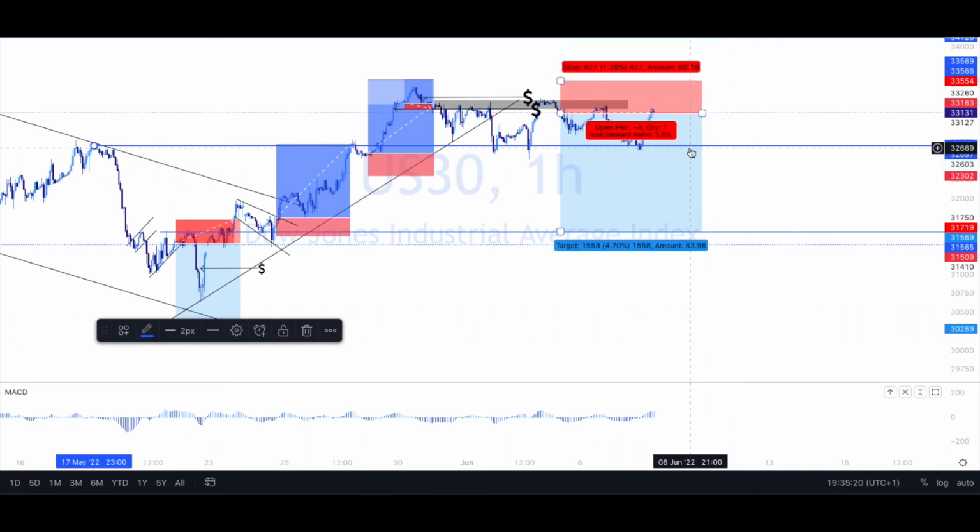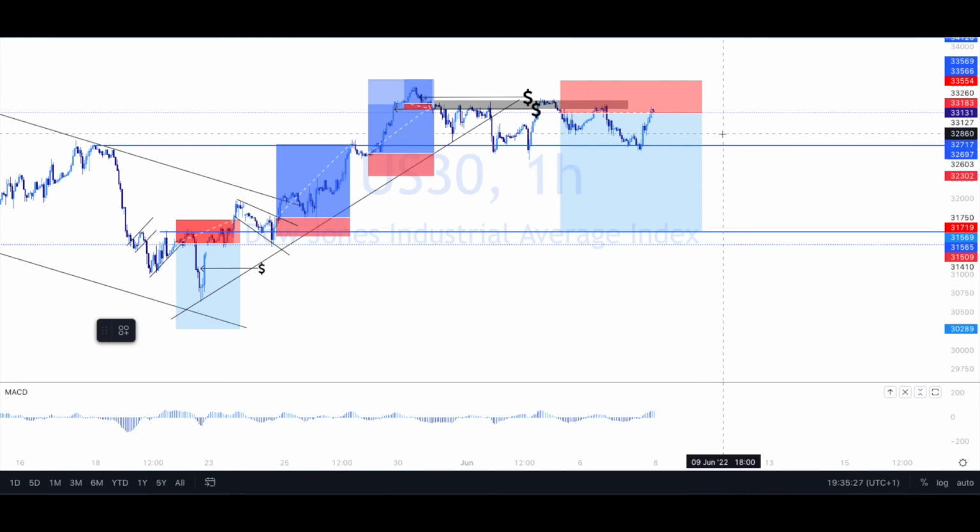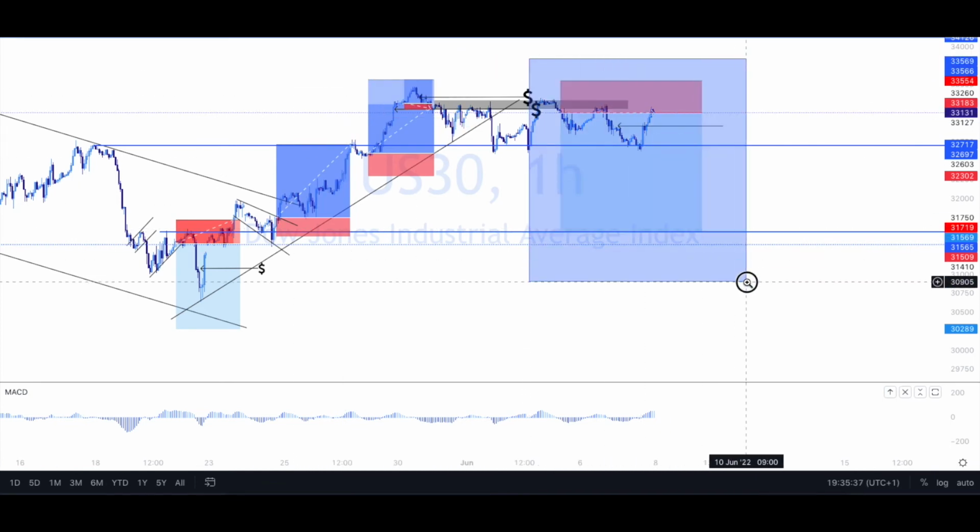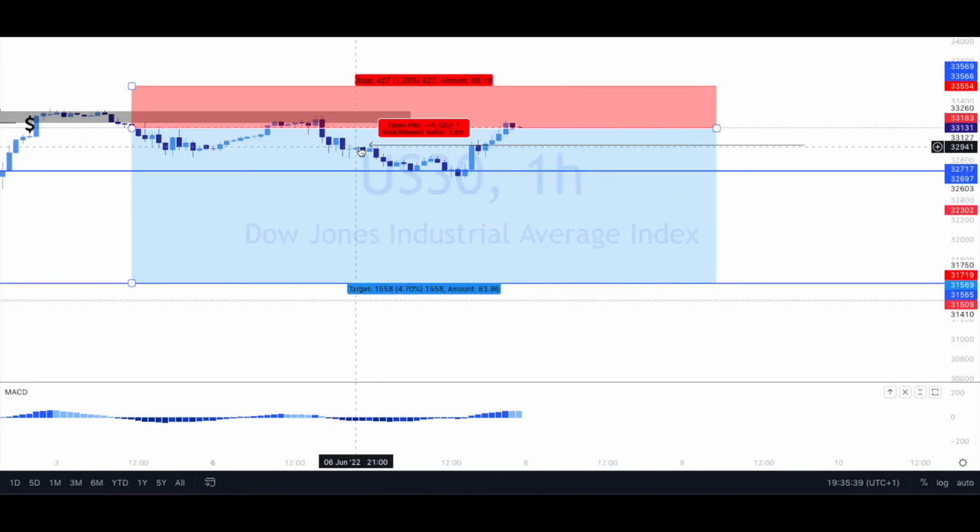So at this point right here, I would have had a trailing stop at this level. Actually, let me zoom in closer so you guys see what I mean. I would have had a trailing stop at this level, just above these wicks.